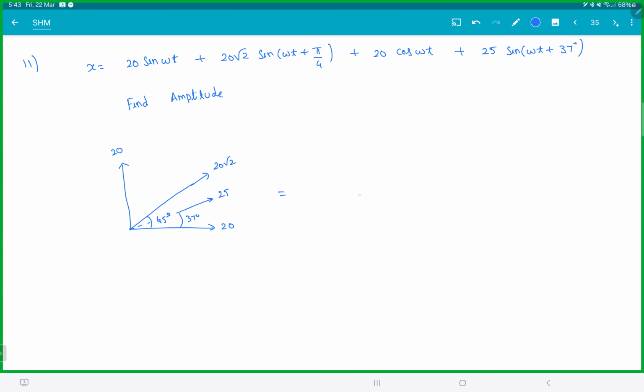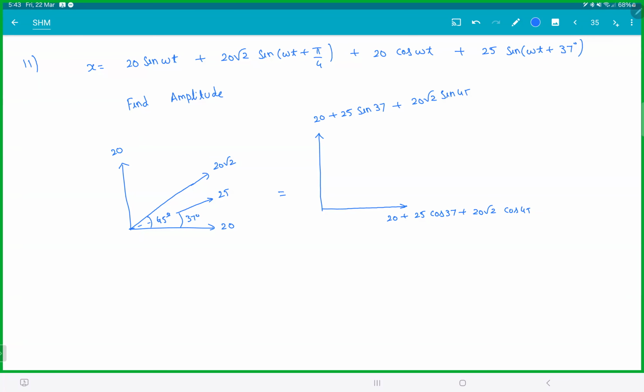So just resolve them horizontally. You end up with 20, 25 cos 37, 20 root 2 cos 45. Vertical direction is 20, 25 sine 37, 20 root 2 sine 45.